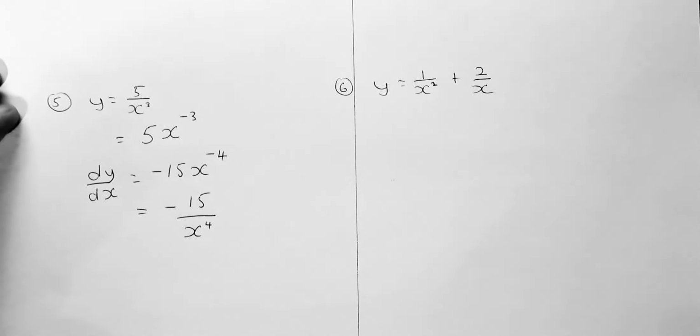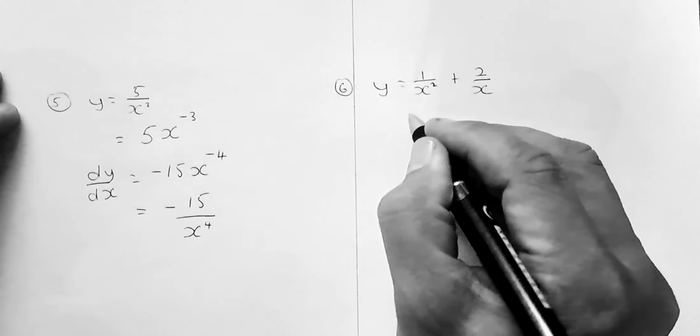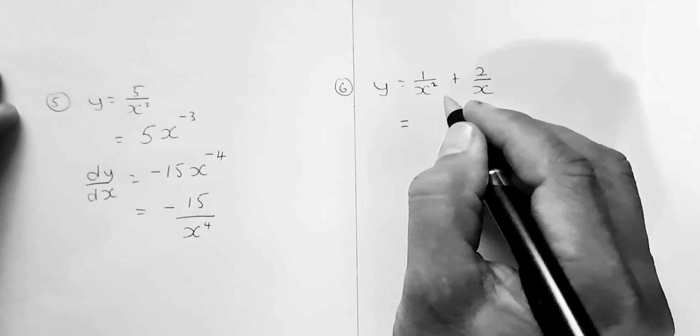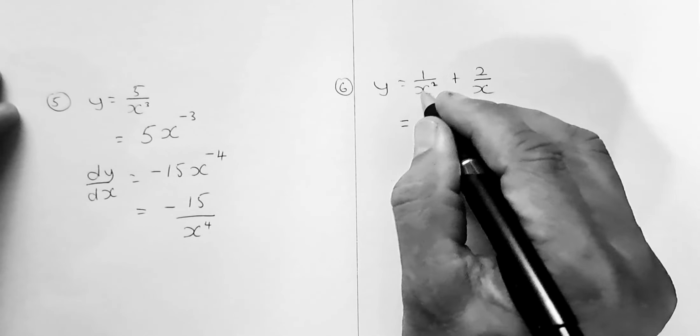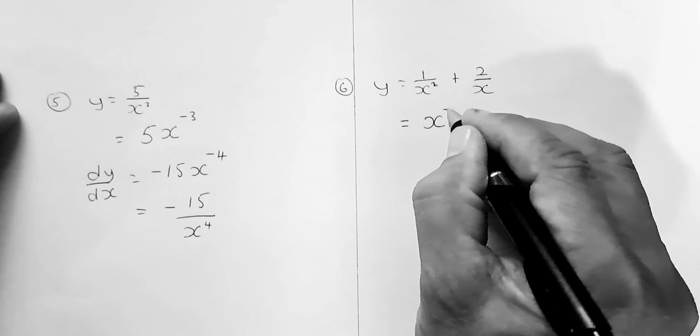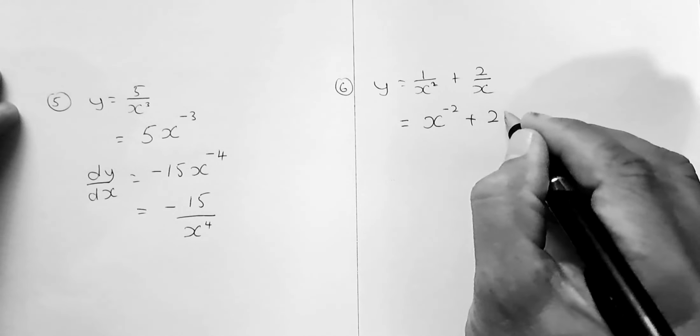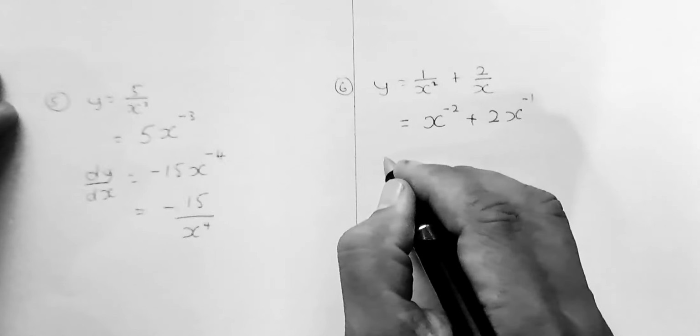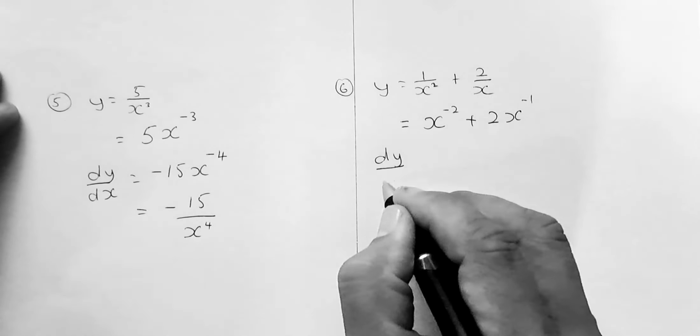Okay, great. Now the last one, the hardest of the lot. So you simplify first. The equation y = 1/x^2 + 2/x. You simplify them. This is the same as x^-2 + 2x^-1. So when you differentiate y, you put dy/dx.